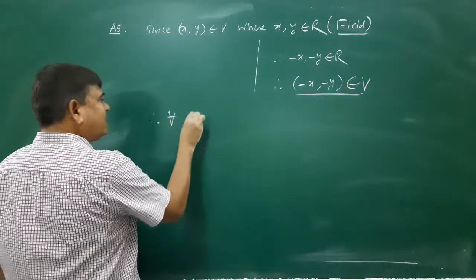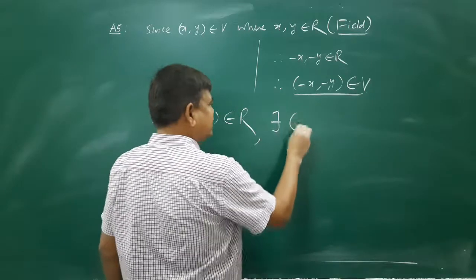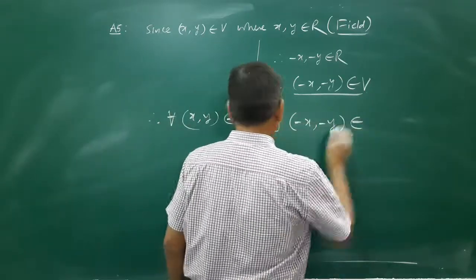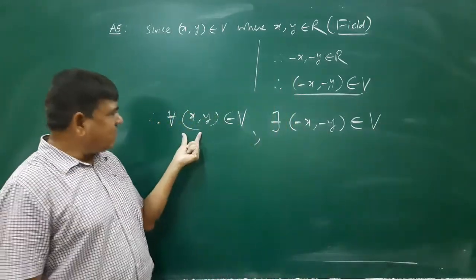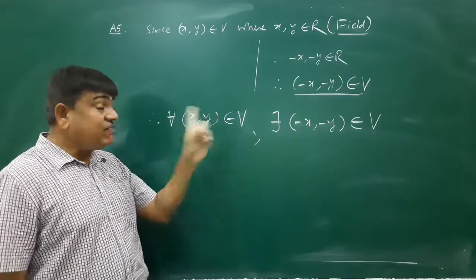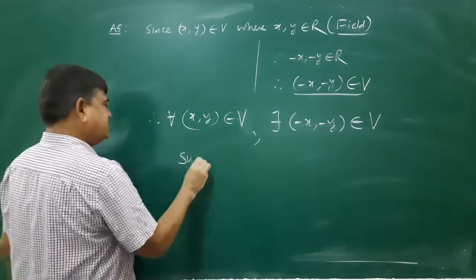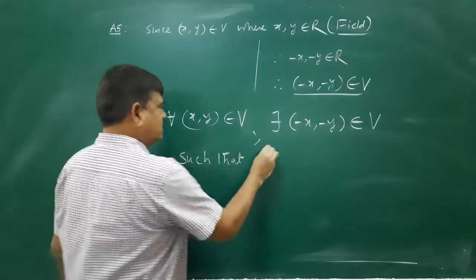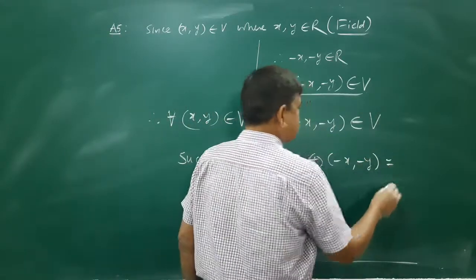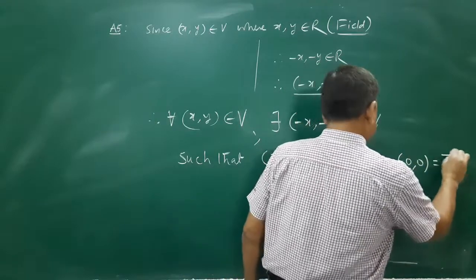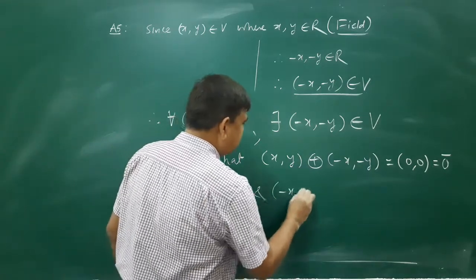Therefore, for all x comma y belongs to R, there exists minus x comma minus y belongs to V. For all x comma y belongs to V, means for alpha, remember, there exists such that identity element and both sides.